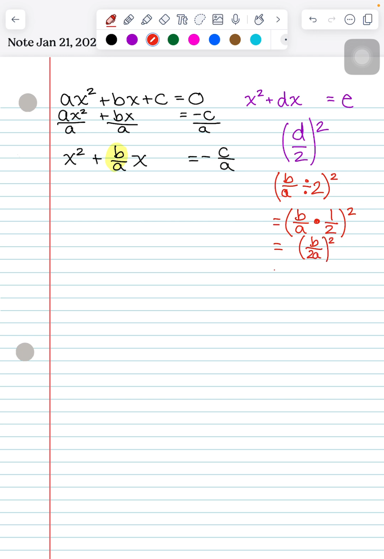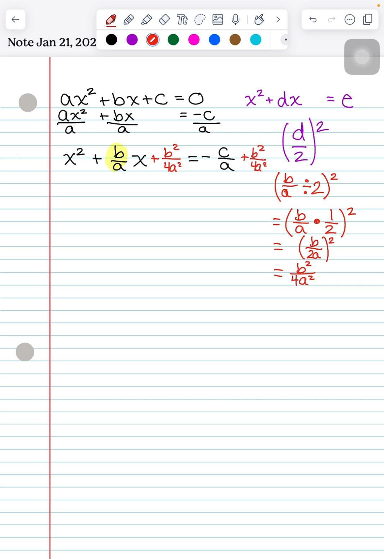And then when you square a fraction, you square the top and you square the bottom. And since the bottom is 2a, which is getting multiplied together, I could square both of those, and I get 4a squared in that denominator. So b squared over 4a squared. Now I'm supposed to add that to both sides, which is not pretty looking, but it works.